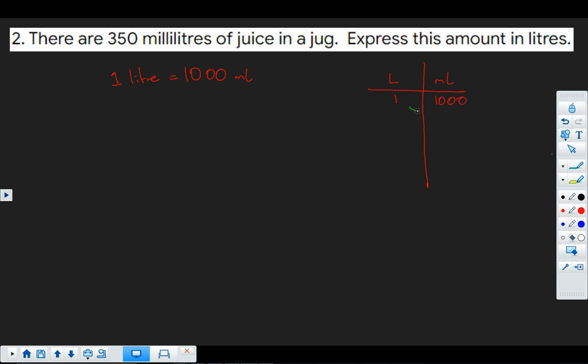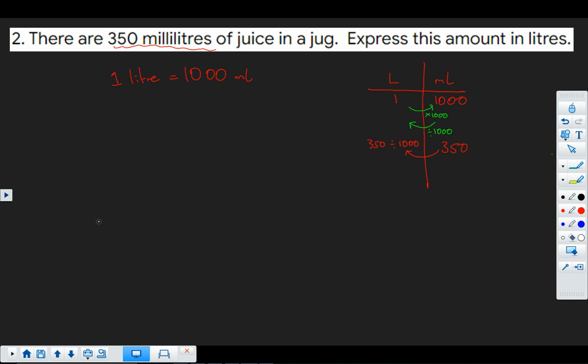So my key knowledge here is that if I'm going from litres to millilitres, I'm going to multiply by 1,000, which means that if I'm going the other way, the inverse of that process is to divide by 1,000. In our question here, we're given that we have 350 millilitres. So in order to find what that is in litres, I have to divide that by 1,000.